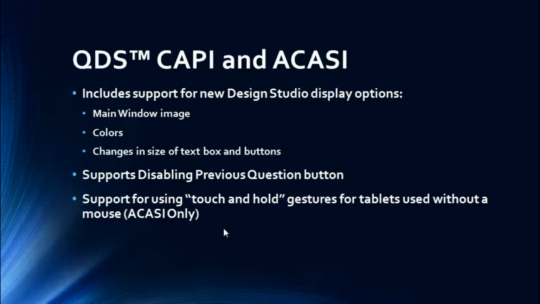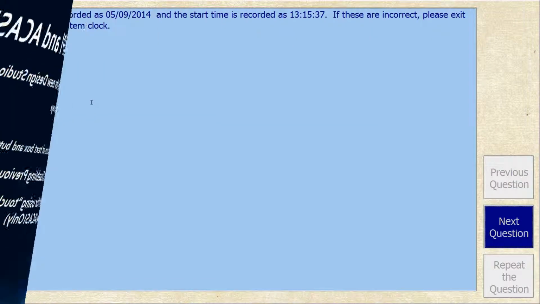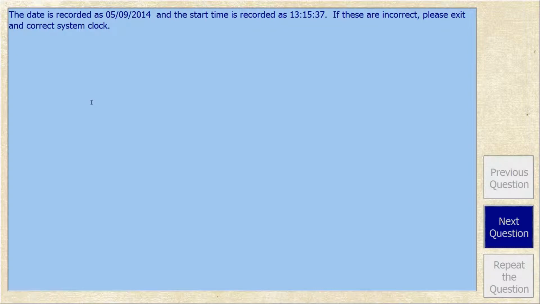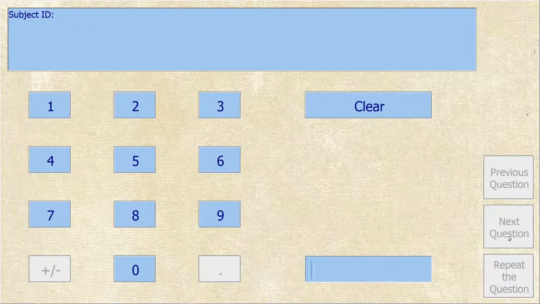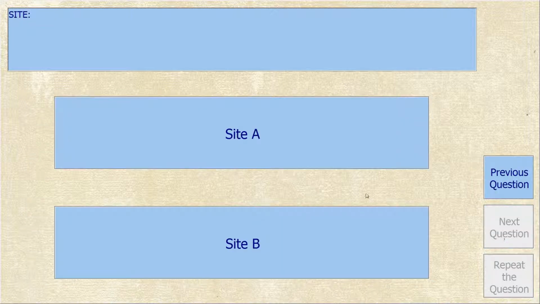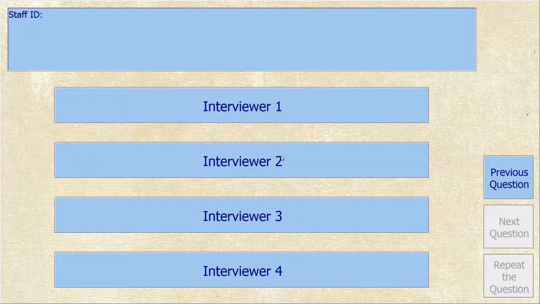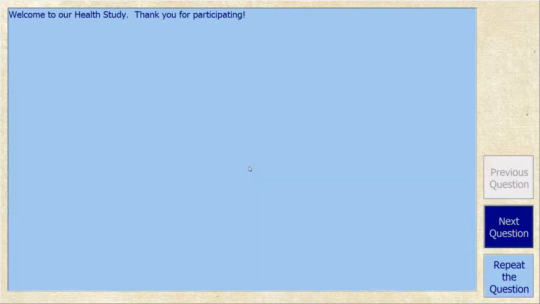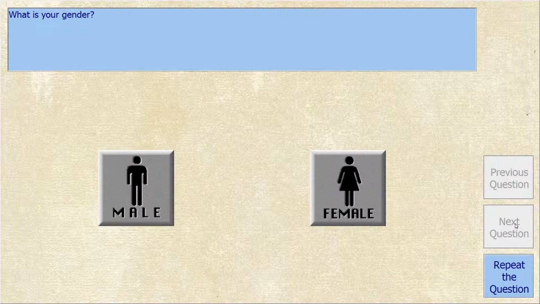They'd look parallel in the CAPI module. Here we can see the new main window image as well as the new background and foreground colors. You will see these colors on the data elements as well. As you recall, we set up our survey, so after entering the first identification items, as we've done here, the previous question button has been disabled on the first information element and the first data element following that instruction.